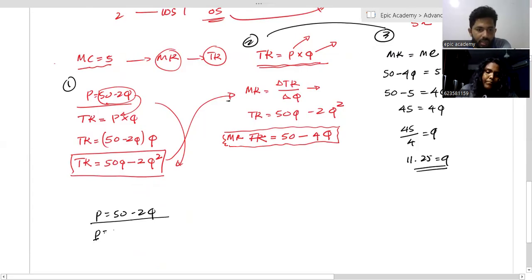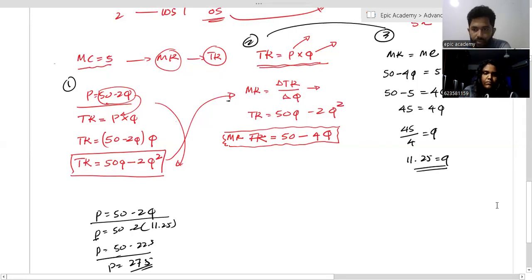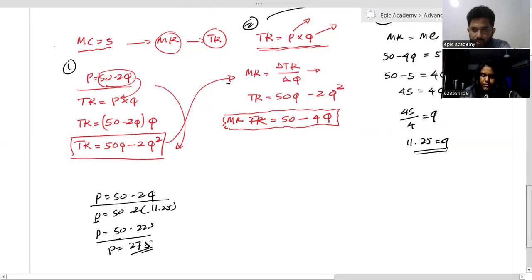So P equals 50 minus 2 multiplied by 11.25. 11.25 multiplied by 2 becomes 22.5. P equals 50 minus 22.5, which is 27.5. This is the value for the price.